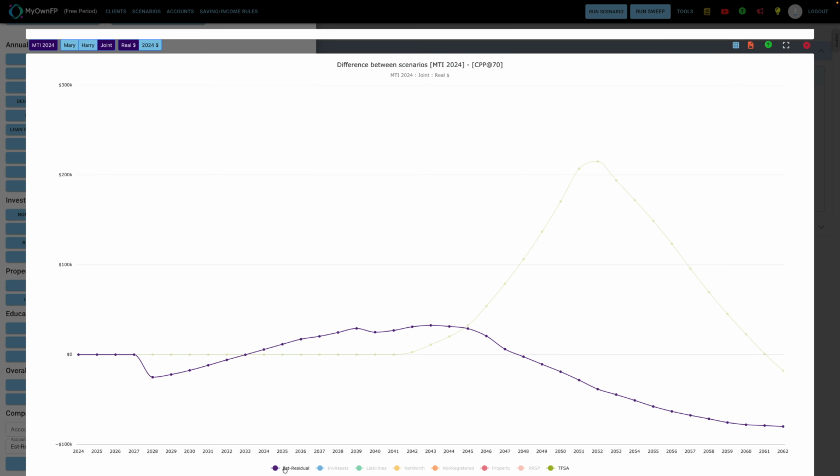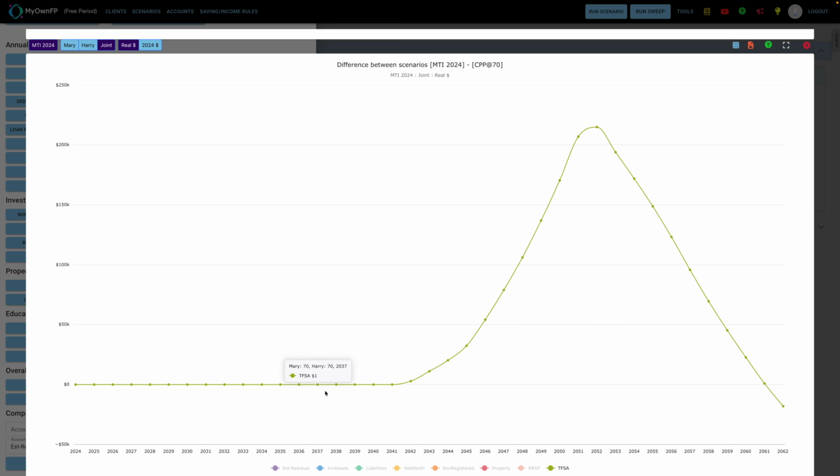So let's look at our TFSA. As the line starts going up, that means we're contributing more into our TFSA, and so we're hitting a much higher peak in the MTI case with our TFSA. Once it starts on the downslope, that means in the MTI case we're taking more out of our TFSA in each of those years.